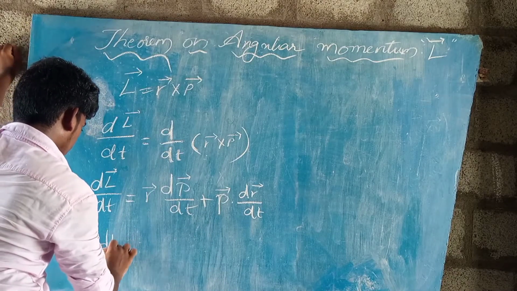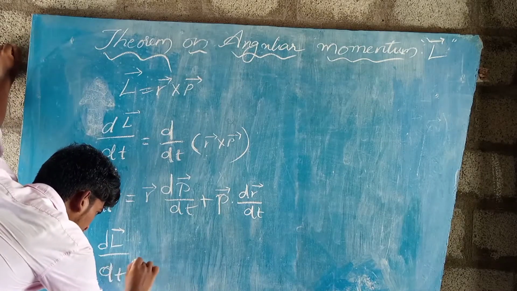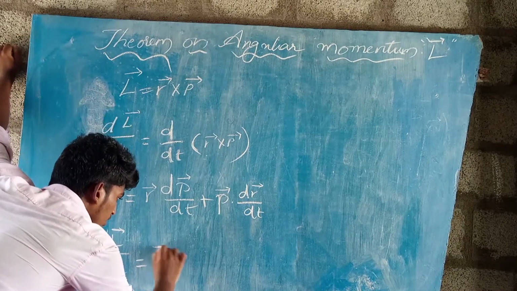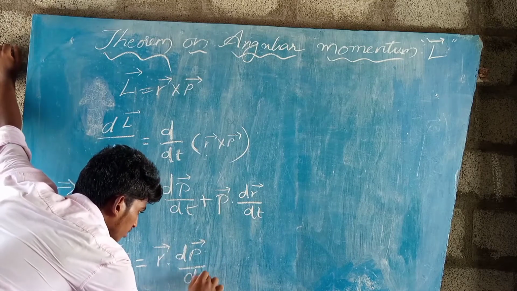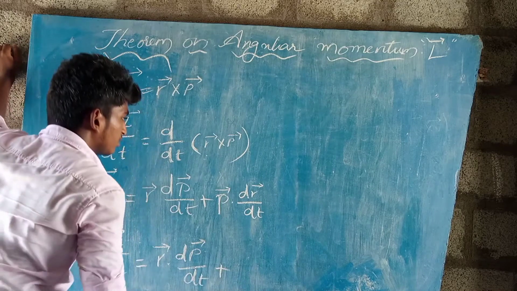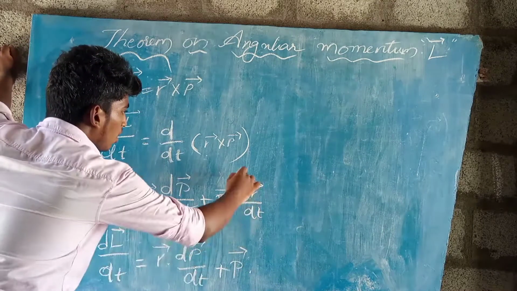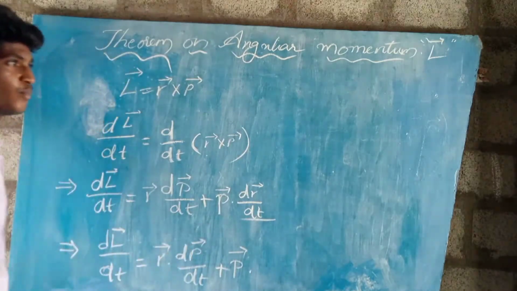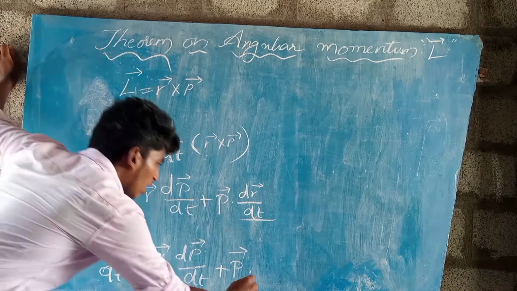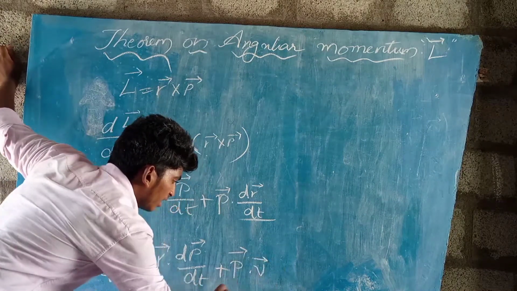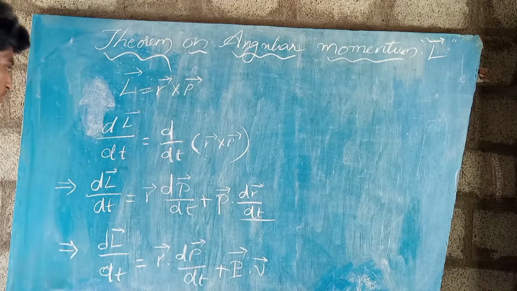That implies dL by dt is equal to r times dp by dt plus p times dr by dt. As we all know, a change of position or change of displacement is equal to velocity v, and p is also equal to mv.